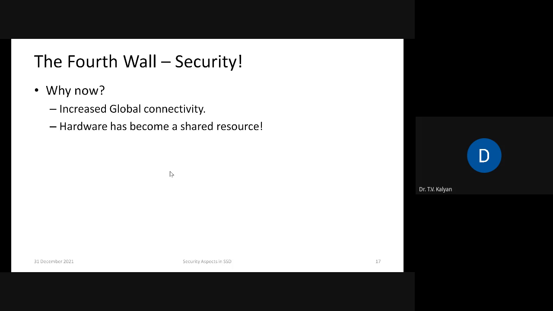And hardware earlier was a private resource, but now it has become a shared resource. So if we have any compute-intensive application, we don't run it on our laptops. Rather, we try to run it on a remote server. It can be AWS or anything like that.